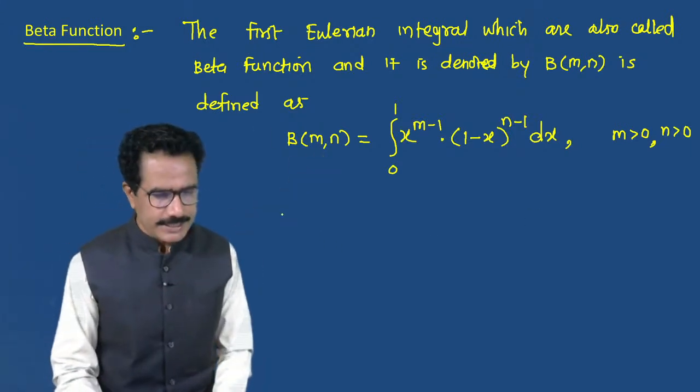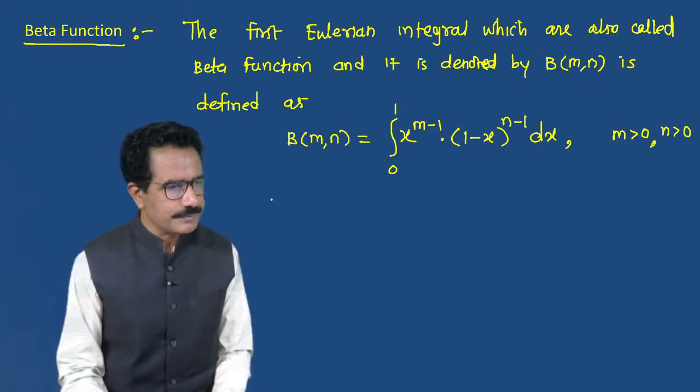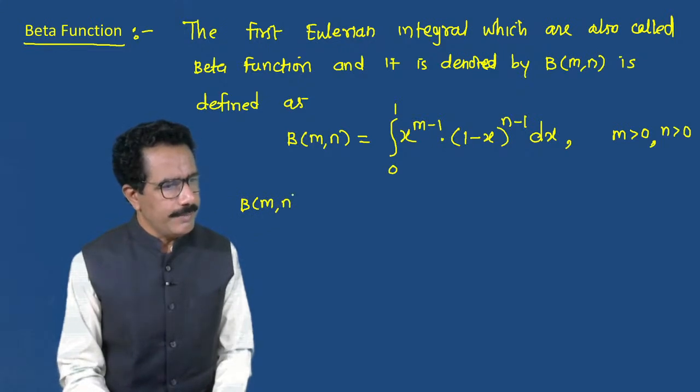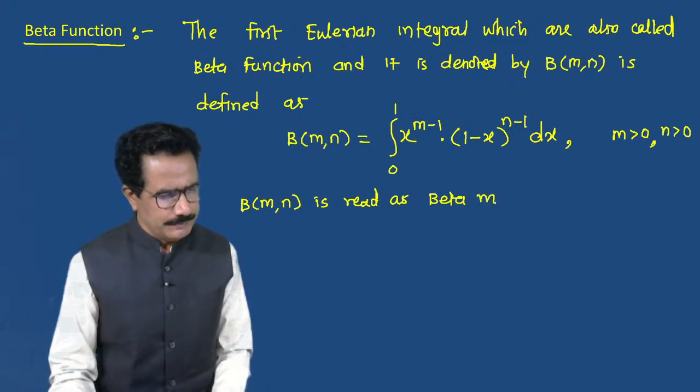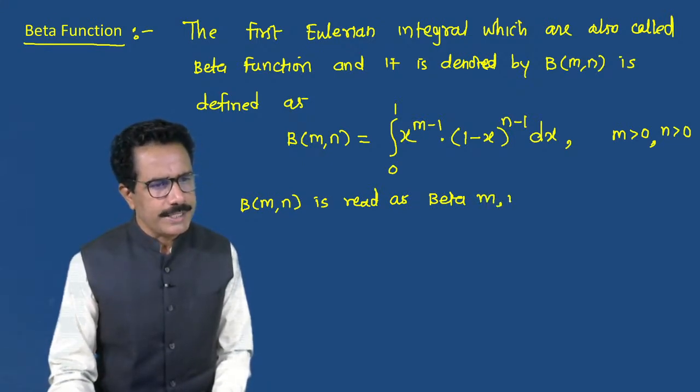Now, how do we read this? Beta m comma n is read as beta m comma n.